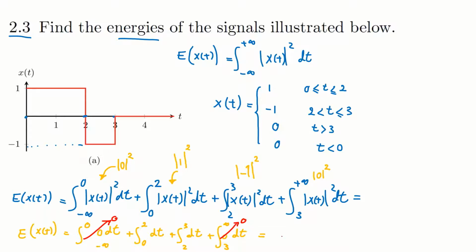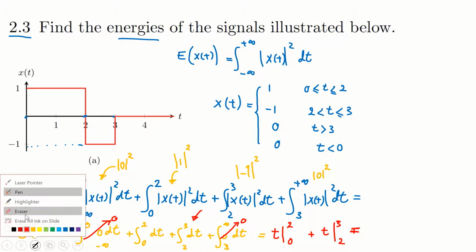The first one, the integration of dt, is t from 0 to 2 plus, again here, the integration of dt is t, but the interval is 2 to 3.